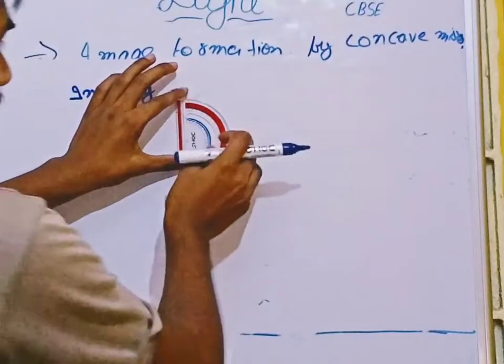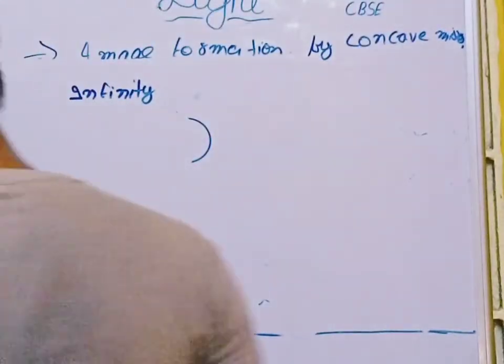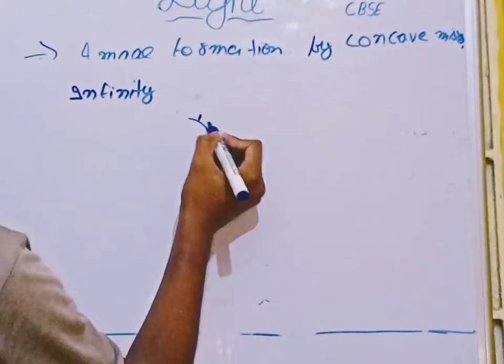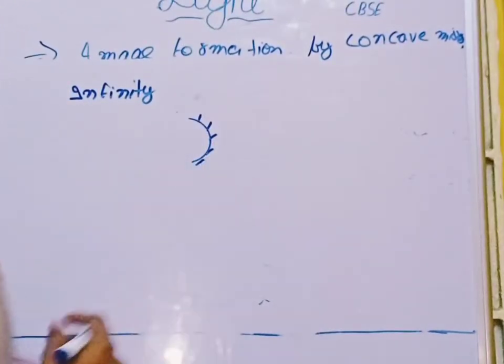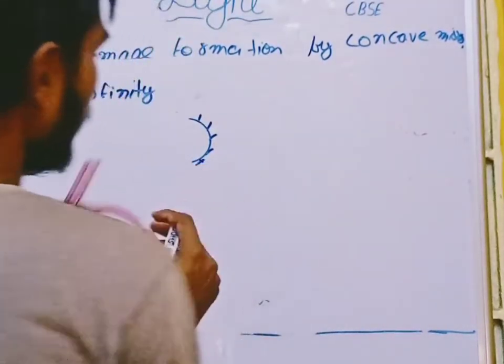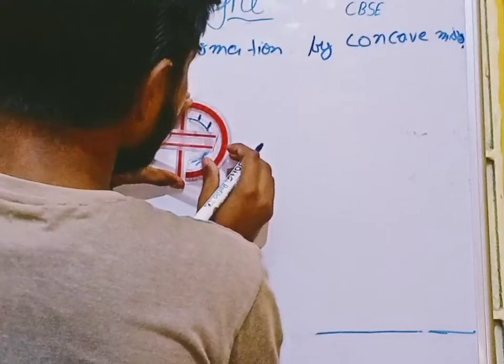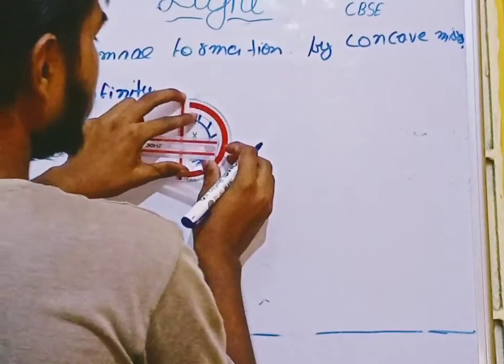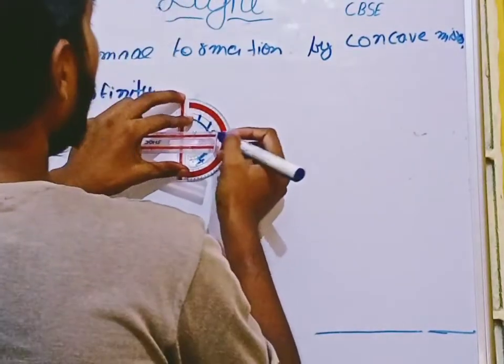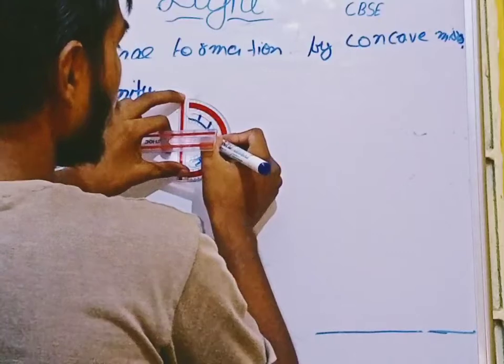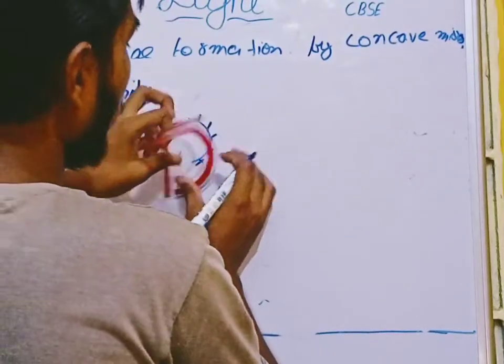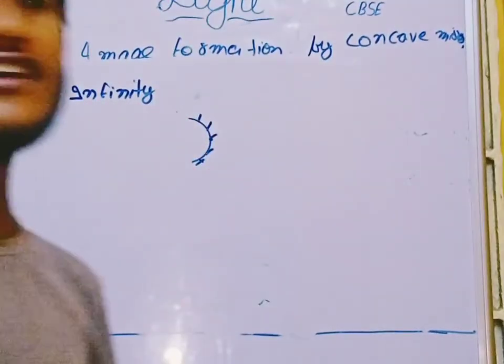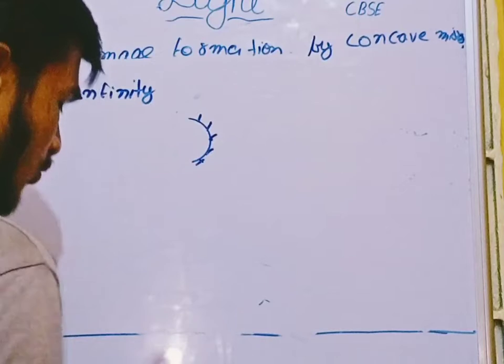It's something like this. And in the middle is where the pole is formed, the center point of the mirror, at 90 degrees.